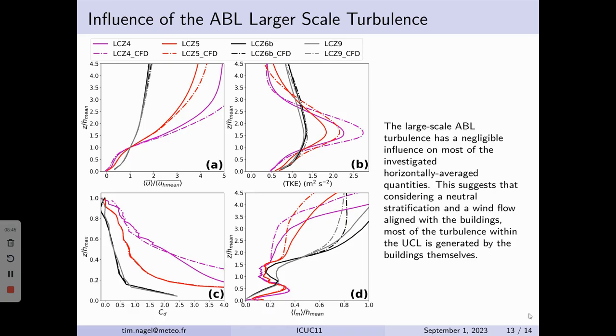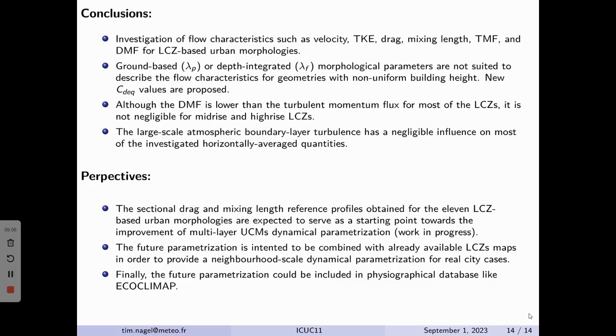And unfortunately or fortunately, we get relatively similar results for all quantities. So at least in this neutral stratification case, most of the turbulence inside the building geometries is probably generated by the buildings themselves, and so it wouldn't be that important to take into account larger scale turbulence.